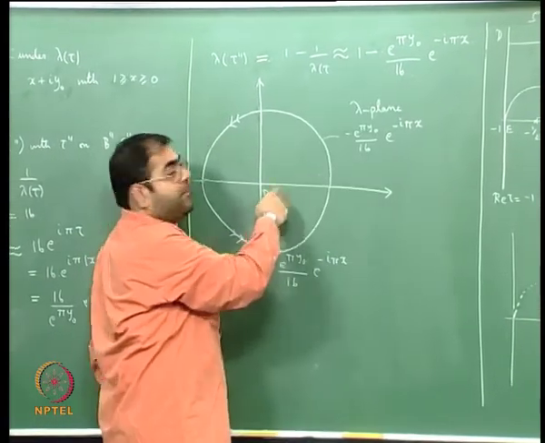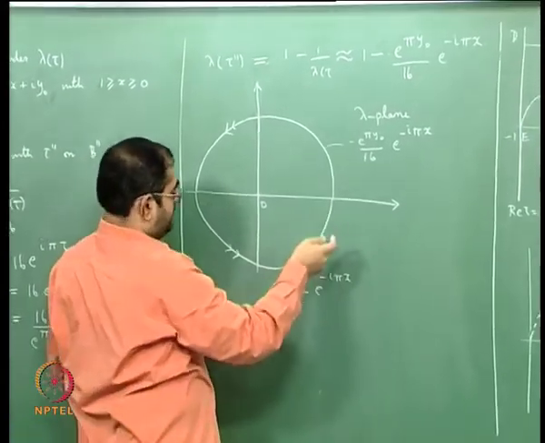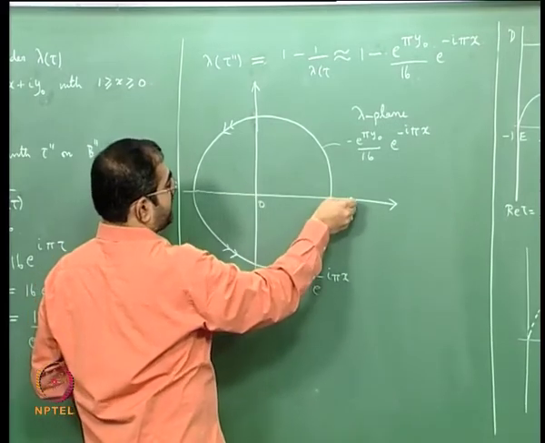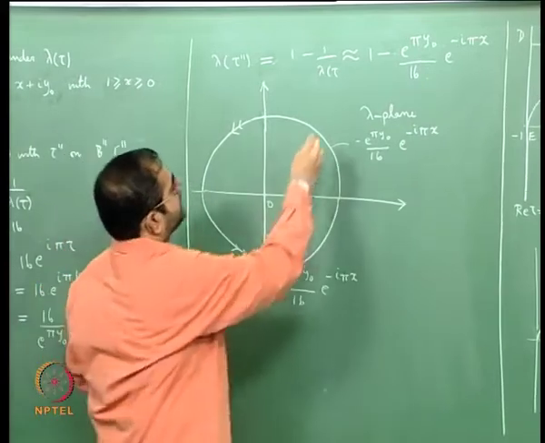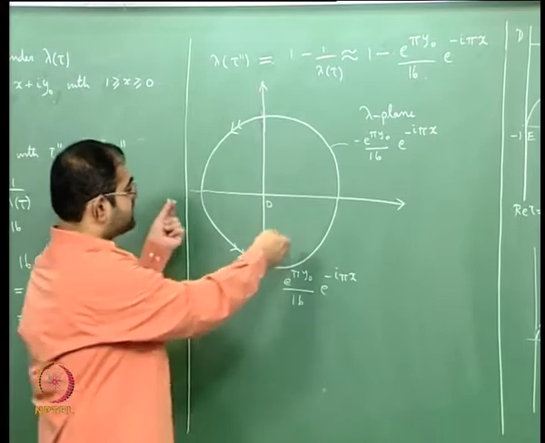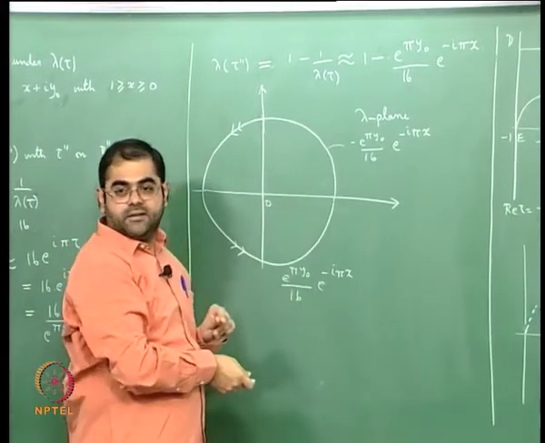It is centered at 0, but then I have to add 1 to it, so it will be slightly displaced. If you assume that y naught is pretty large, then shifting this upper semicircle by 1 is going to be negligible.